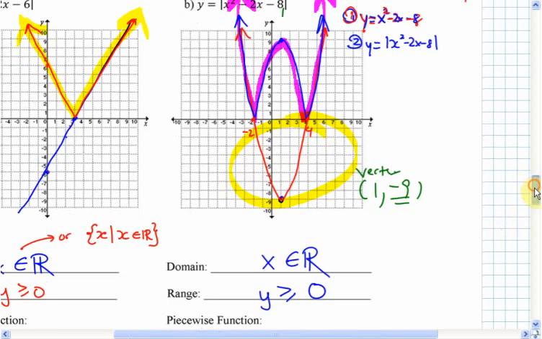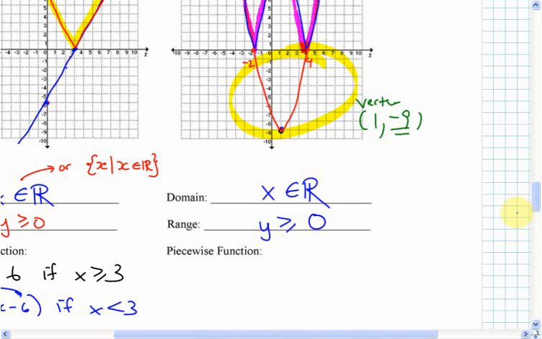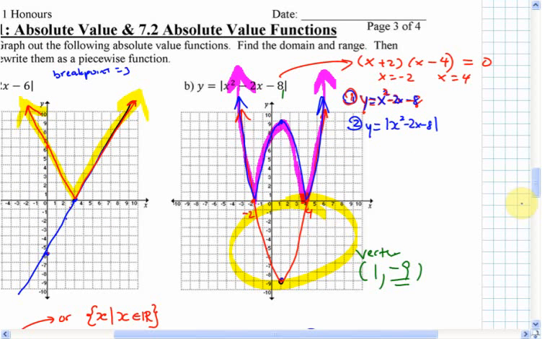Now the trickiest part about this one is to write the piecewise function. So really pay attention here. By the way, for those of you doing calculus next year, it's vitally important that you know how to do this. Tell me, how many pieces do you see? 3 pieces. Good. I'm going to try to color code this.